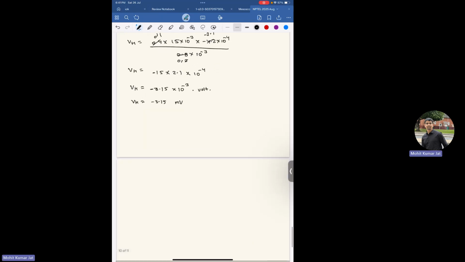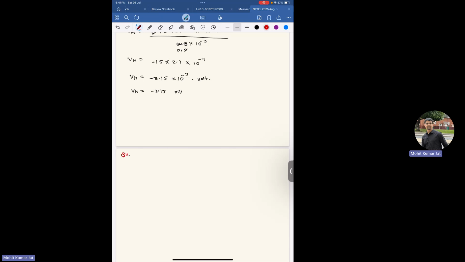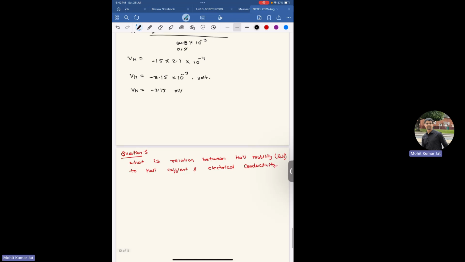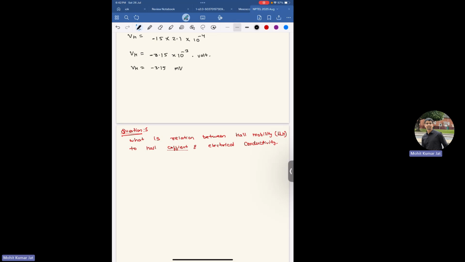So if you see, the question is, this will be question number 5: what is the relation between hole mobility, mu h, to hole coefficient and electrical conductivity?